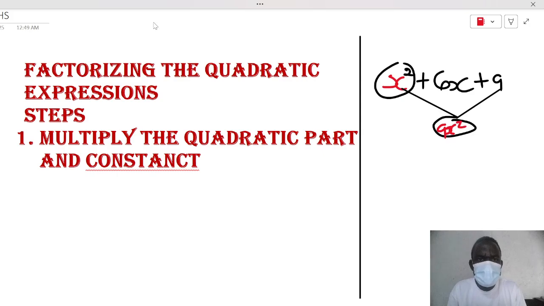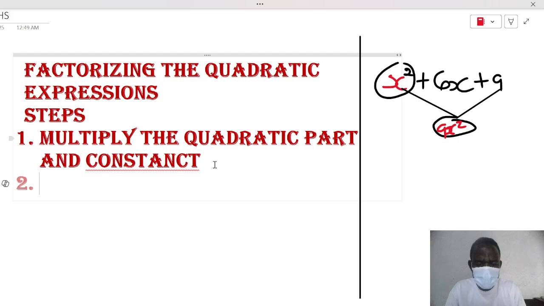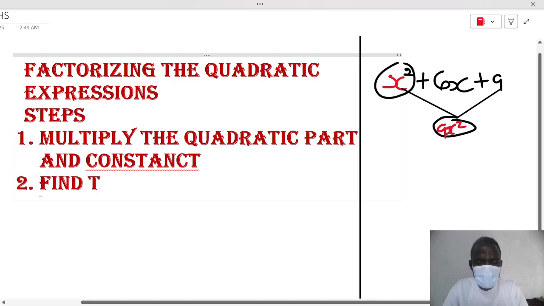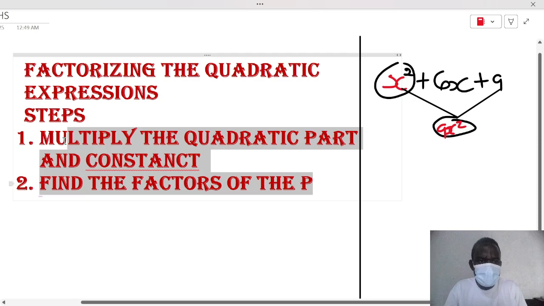After doing that, you try to find the factors of the product. Let me just use P as the product.